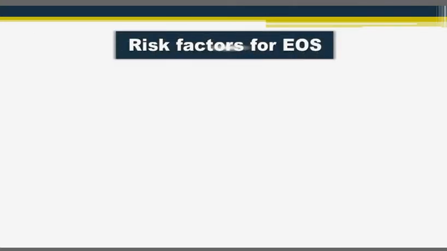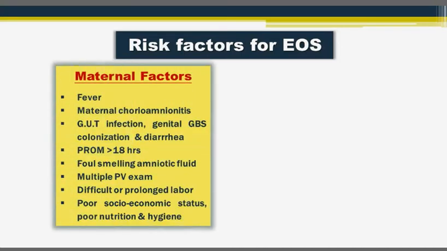Now, what are the risk factors for the baby to get early onset sepsis? We have two groups, maternal and neonatal, because it may be acquired before, during, or shortly after birth. The maternal factors: maternal fever, maternal chorioamnionitis, genitourinary tract infection, genital GBS infection, and diarrhea.